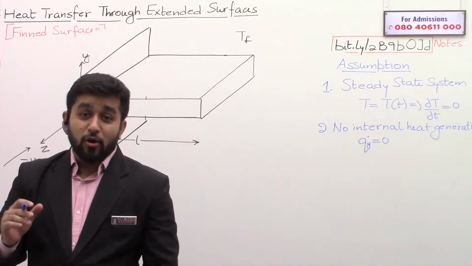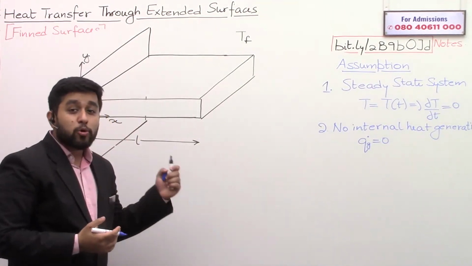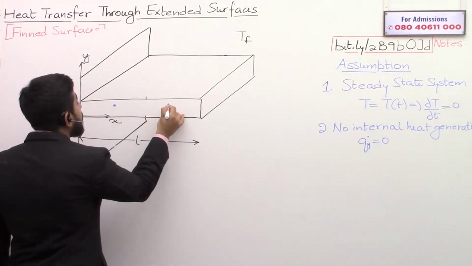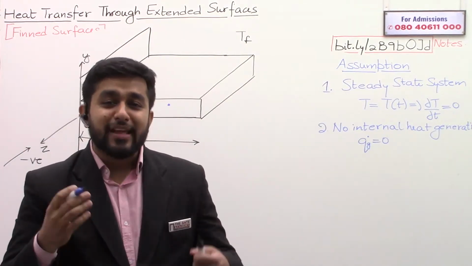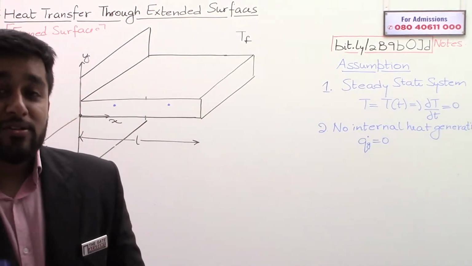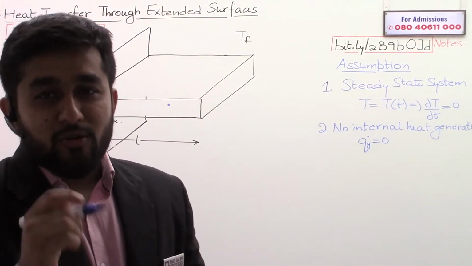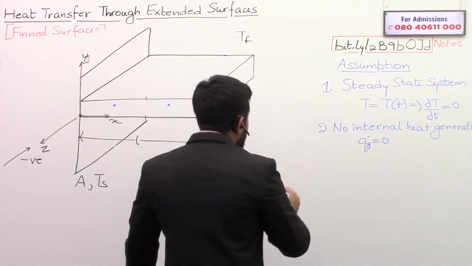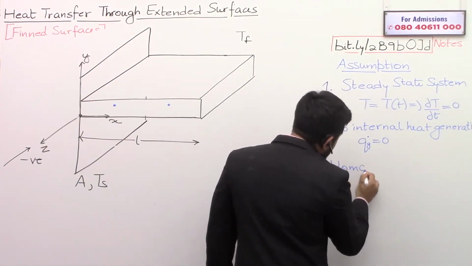The next assumption is that the material is homogeneous. If the material is homogeneous, then you take 2 points inside the material, and on those 2 points the thermal behavior will be the same, so the thermal conductivity will be the same. So we have a homogeneous isotropic material.